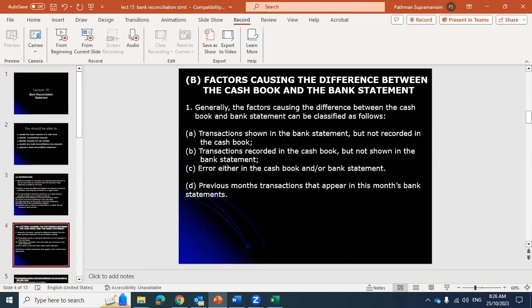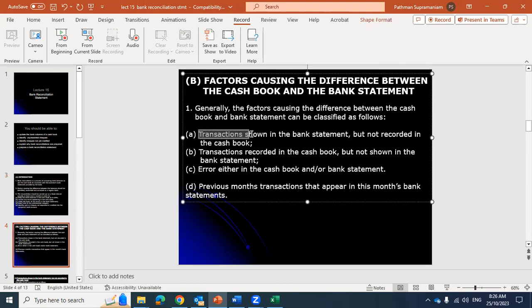So what are the factors causing the differences between the cash book balance and the bank statement balance? Generally, these can be broken down into 4 categories. A, the transaction is recorded in the bank statement, but it's not recorded in the cash book yet.